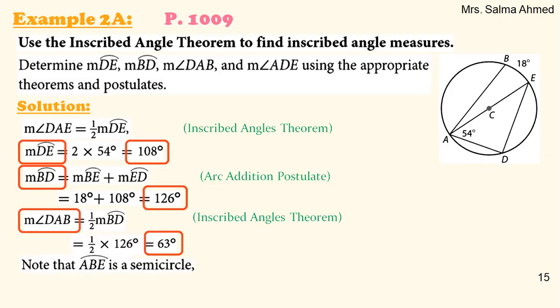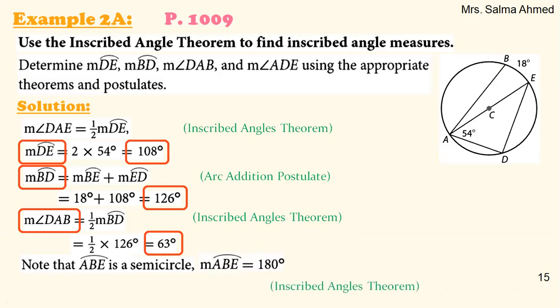Now I'm going to get the final one. If I know that arc ABE is a semicircle. Why? Because the two endpoints are the endpoints of a diameter. So this is called a semicircle. So the measure of arc ABE is 180.